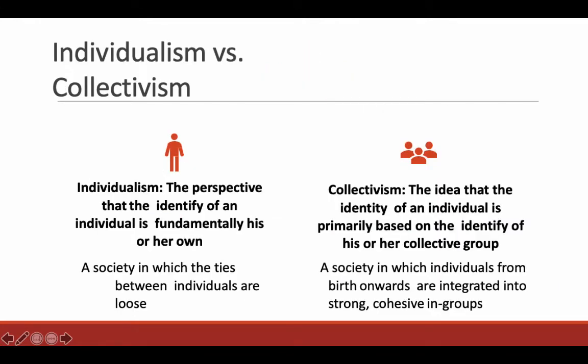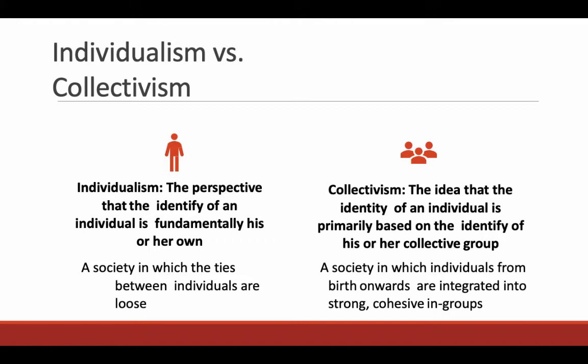Now, individualism versus collectivism. Our culture here in the U.S. is really big on individualism. The idea is that you identify as an individual, and you really focus on being the best that you can be. The focus is you, your happiness, your general well-being, and that means the ties between individuals tend to be a little looser.